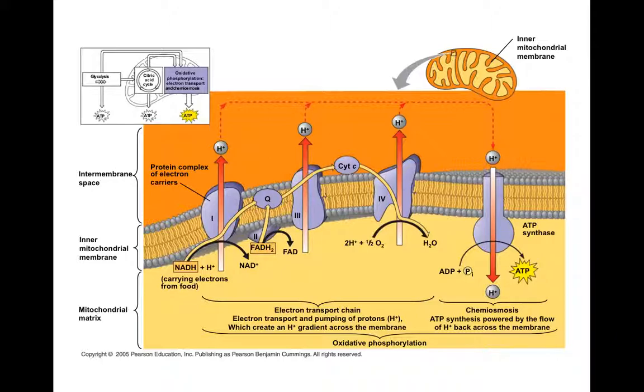You have the buildup of hydrogen ions in the intermembrane space. You have the ATP synthase allowing the hydrogens to move back down their gradient, creating the energy necessary to convert ADP back into ATP.